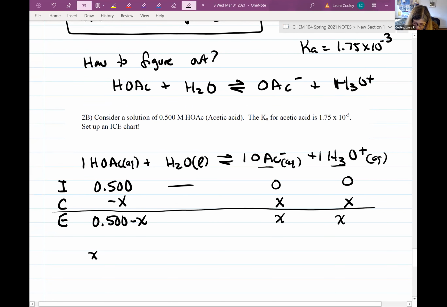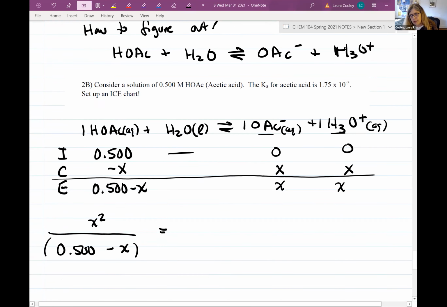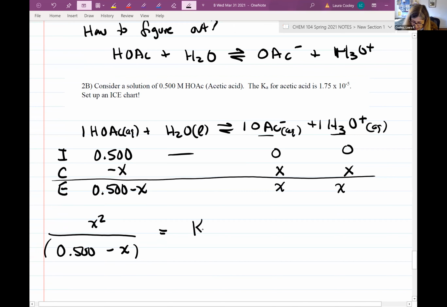So I end up with x squared over 0.500 minus x equals, so what is that equal to? It's equal to the equilibrium constant, which is the Ka, which is, let me just write in what it is. Ka is 1.75 times 10 to the negative fifth.